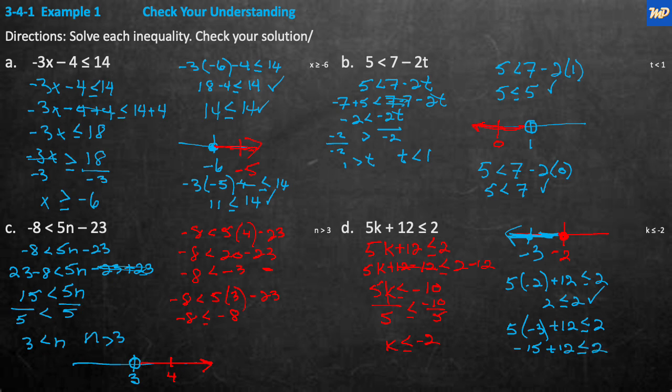And negative 15 plus 12 is negative 3. Negative 3 is less than or equal to 2. And is that true? Yes, negative 3 is less than, in this case, 2. So there's your solutions.